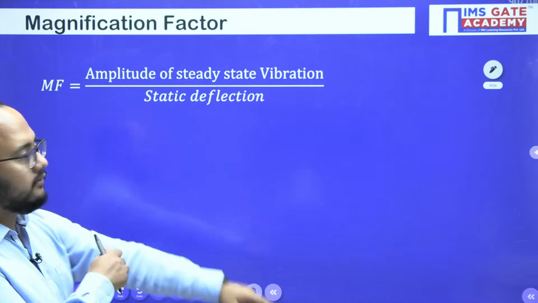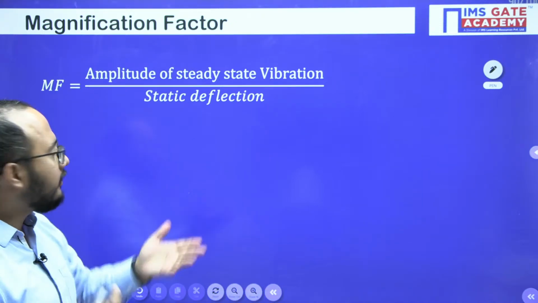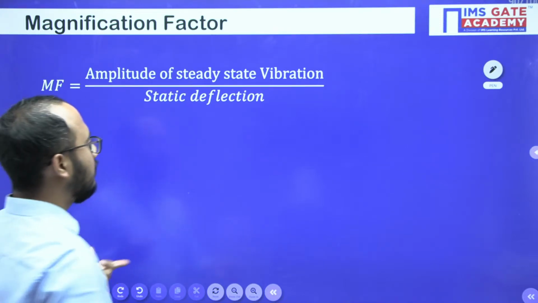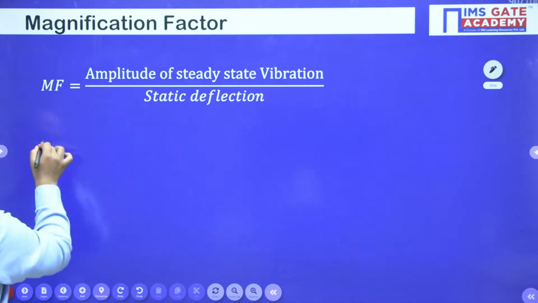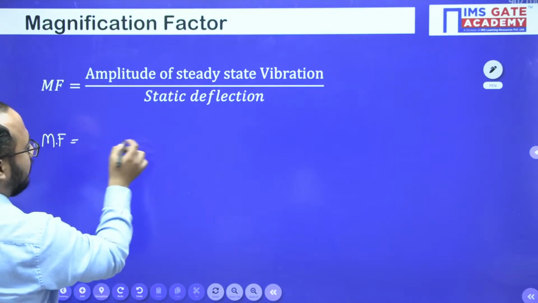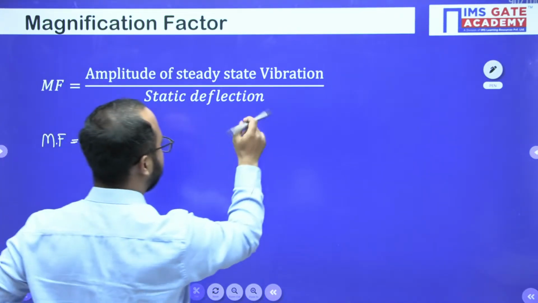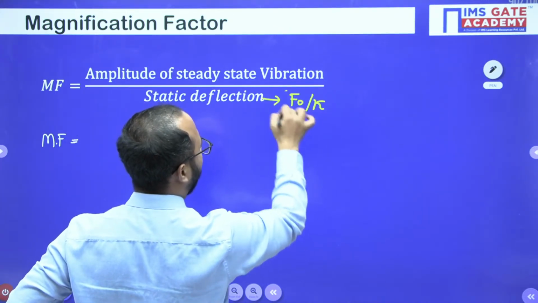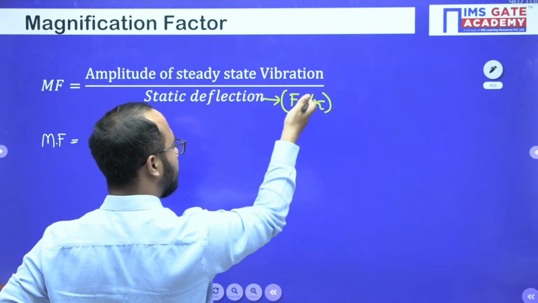See, magnification factor. In magnification factor, what is there? Amplitude of steady state vibration divided by static deflection, right? So the MF formula will be like this. You should understand that static deflection is F naught by K, and in the numerator the amplitude of steady state vibration is there.